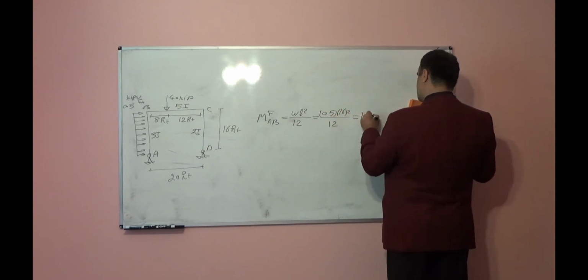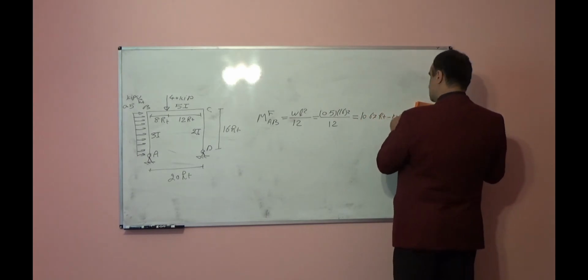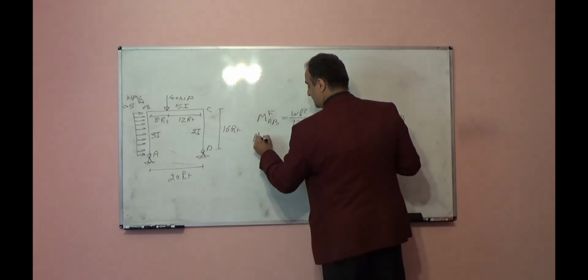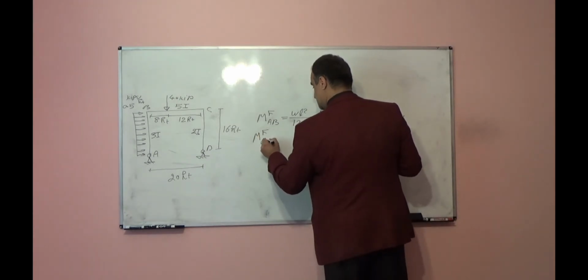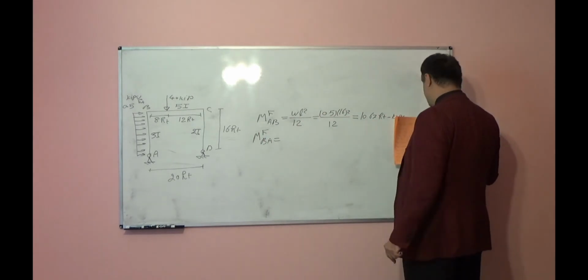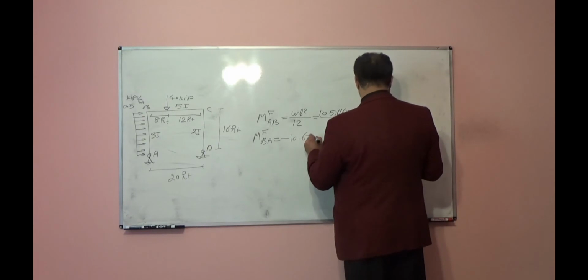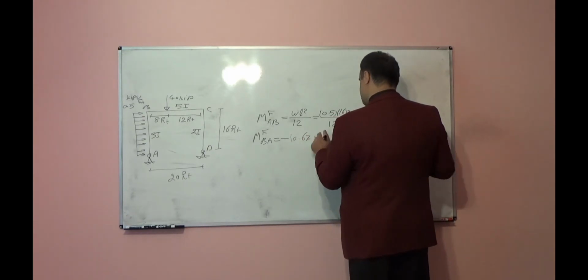That will be 10.67 feet kips. M fix BA, because it is a uniform distributed load, it will be equal to AB, only in the inverse direction, so it will be negative 10.67 feet kips.